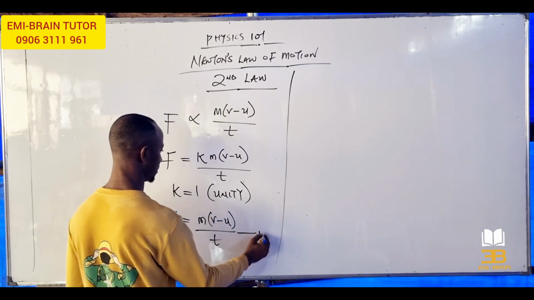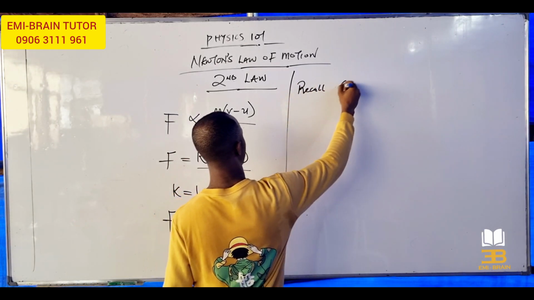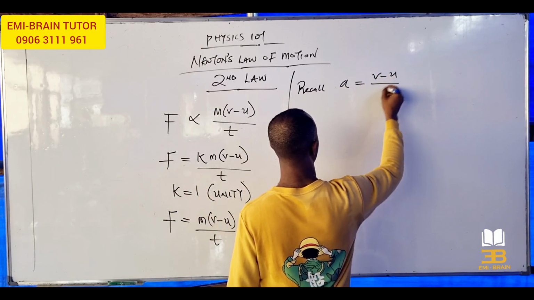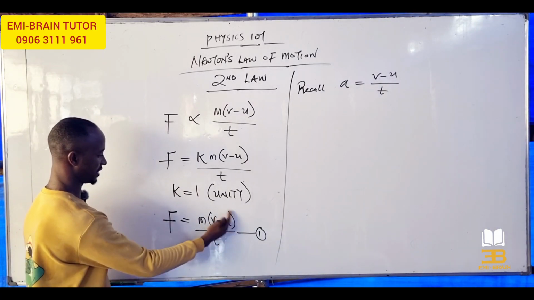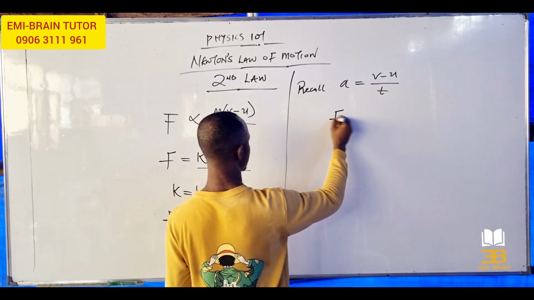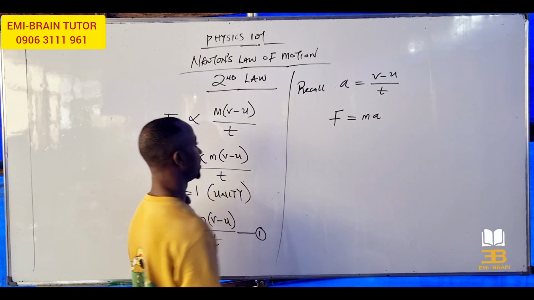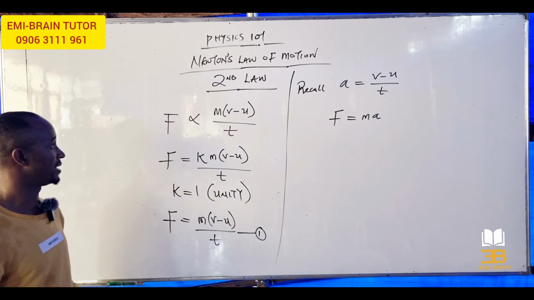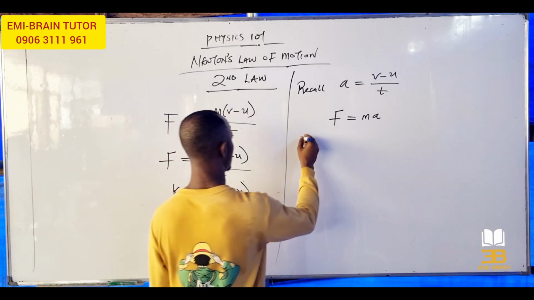Let's call this equation 1. Recall that acceleration of the body is the same as (v minus u) over t. So this entire expression becomes force equals mass times acceleration.